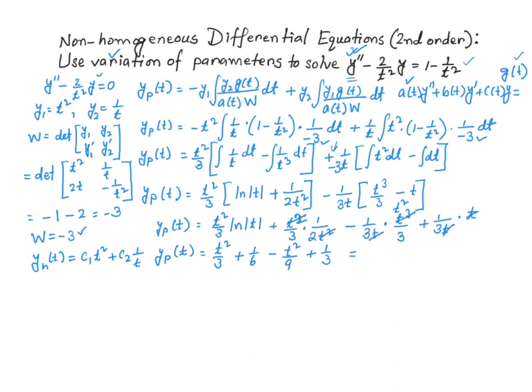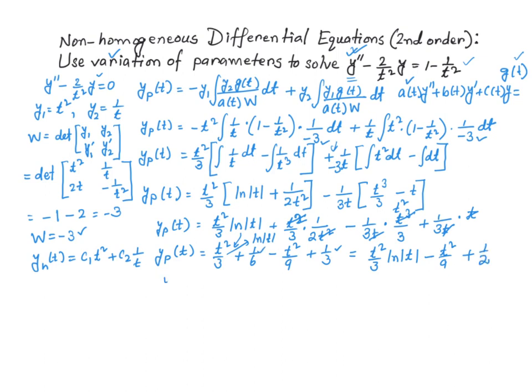So I just realized that I forgot something. There should be an ln of absolute value of t. So let me just write it out. Ln of absolute value of t here. So it's going to be t squared over 3 times ln of absolute value of t, minus t squared over 9 plus 1/3 plus 1/6, which is going to be 1/2.